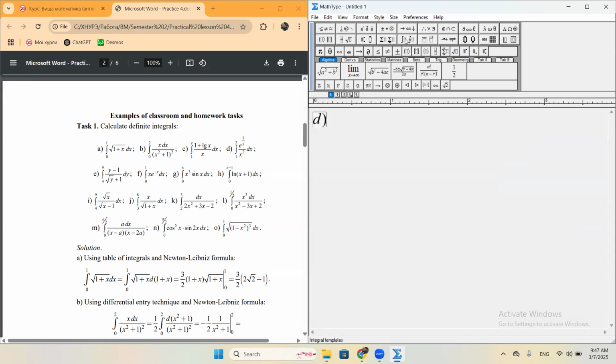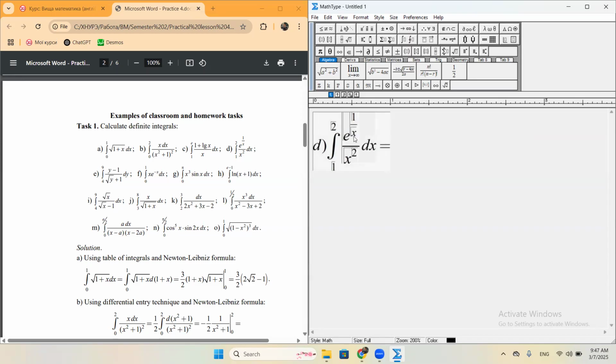Exercise D. We have the following integral: e to the power of 1 over x, divided by x squared, dx.